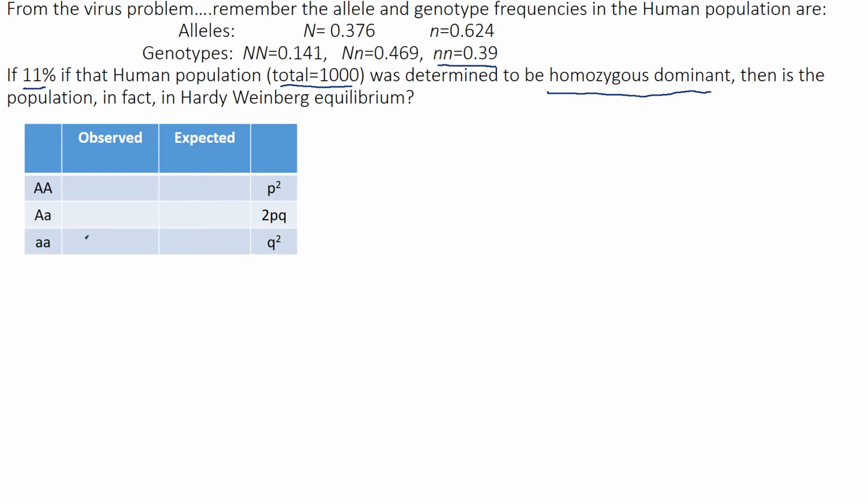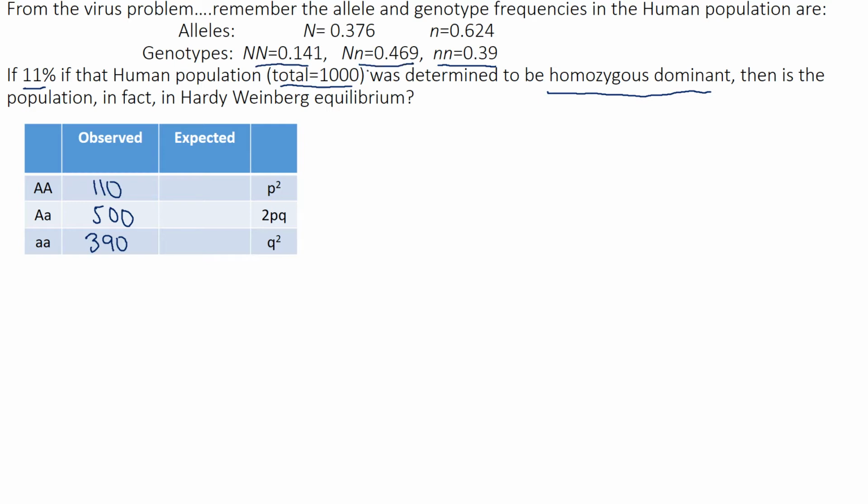We know that 39% of the population, or 390 individuals, have the genotype. And now we've determined that 110 of those individuals that do not have that genotype are homozygous dominant. So if we subtract these two numbers from 1,000, we can get the heterozygotes. So that should be 500.